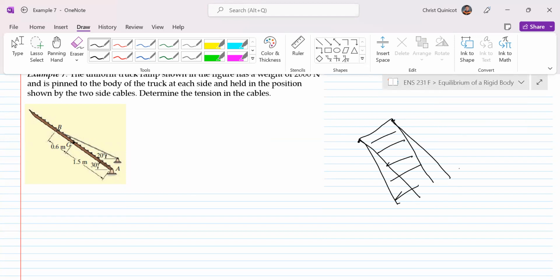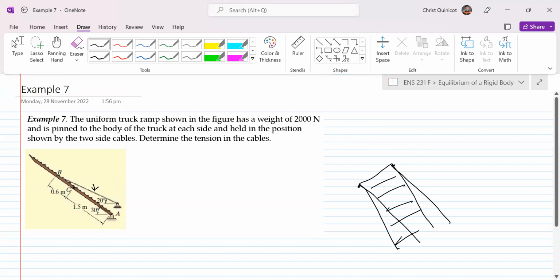But given that it is viewed like this, it means there is tension in our cables. Although this is viewed only in 2 dimension, the tension that we will be able to calculate later, we will divide into two so that we will be able to know the tension that each cable is experiencing.